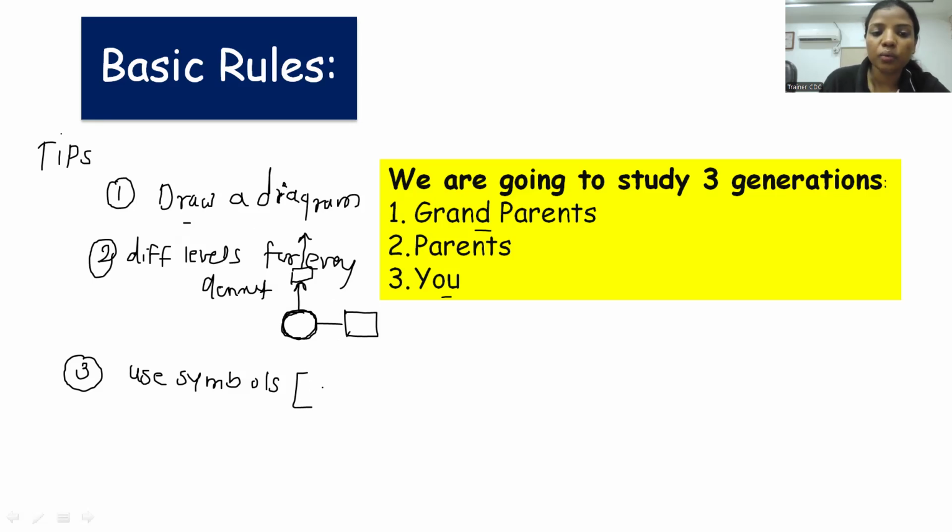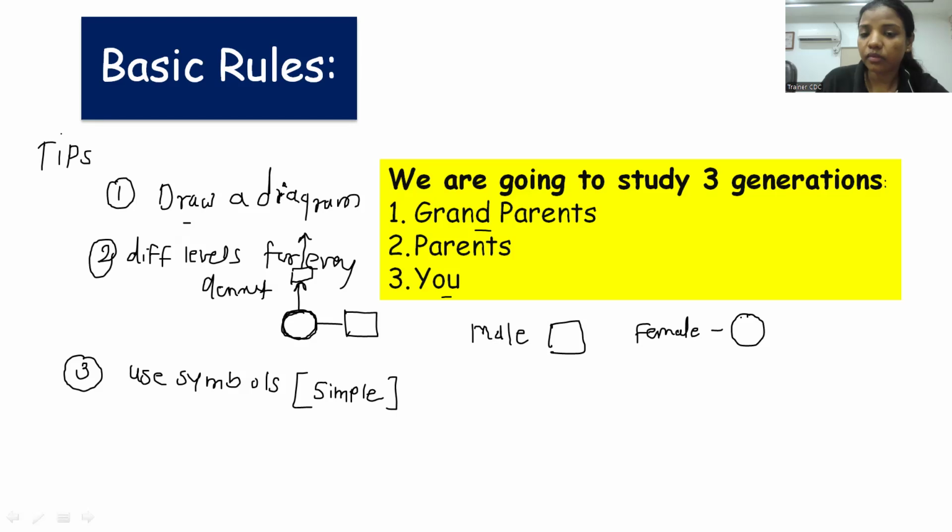We have to use very simple symbols for drawing a diagram. For example, let me tell you what I'm using. For male, I'm using a square. For all the females, mother, daughter, I'm using a circle.